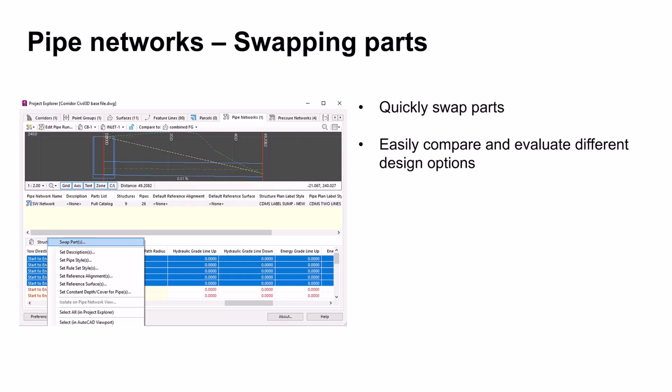Once again, you can use the compare tool to evaluate different design options. So it's a very powerful tool that supports the preliminary designs, and actually some Civil 3D users are using Project Explorer for the entire preliminary design in their companies.